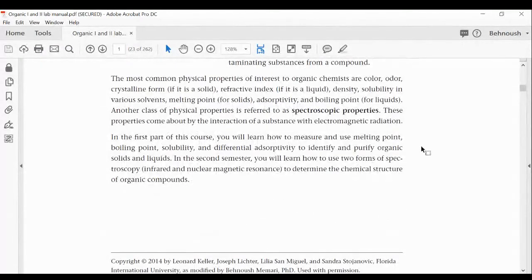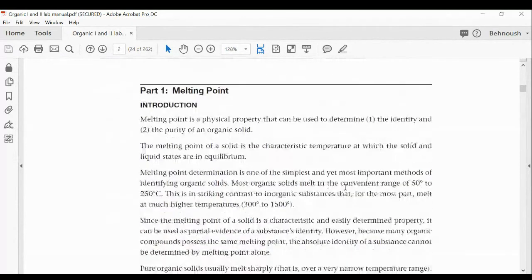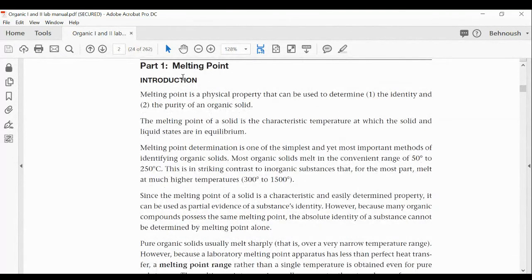We have also spectroscopy techniques. We are not talking about it at this point. We're just talking about the melting point. Purpose of melting point, we talked about already. You determine identity of the compound, and to identify, you compare the melting point of the unknown to the database of melting points, and you can use it to determine purity of the organic solid.